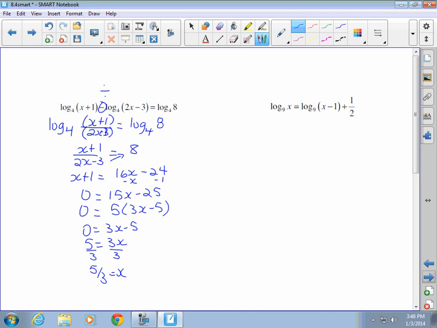And if you check 5/3 plus 1, that gives me a positive value. 2 times 5/3 minus 3, so 2 times 5 is 10. So I'd have 10/3 minus 9/3, so that's okay. It gives me a positive, so my answer is 5/3.